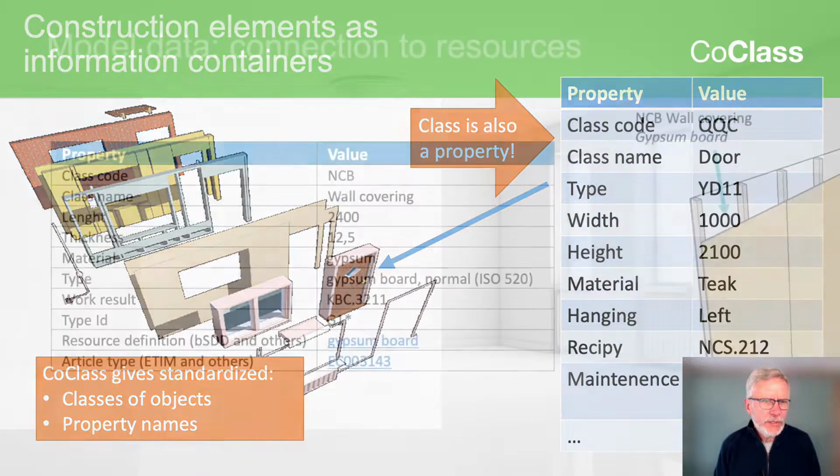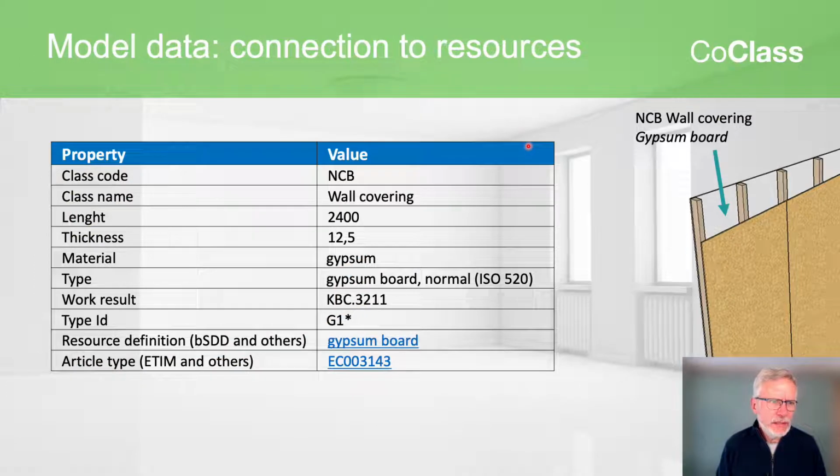But you can then connect, add more properties to the object. So in this case it's a wall covering. You have the material property, the type, referring to an ISO standard in this case. You have the work result code. You can have a type ID.